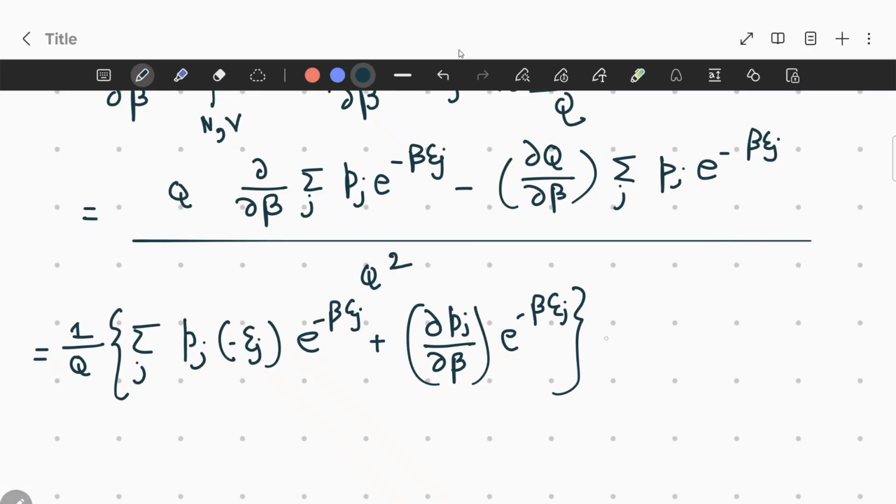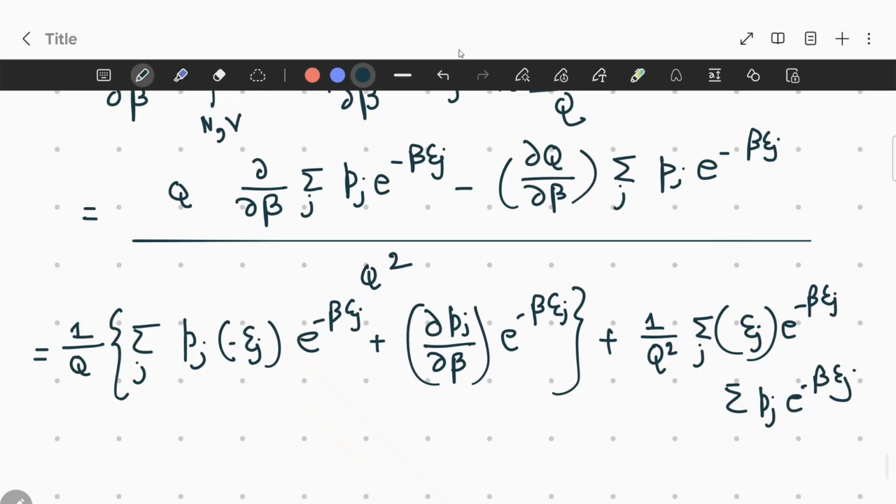Just you also do. And from the second term, it is 1 by Q square del Q del beta, which means sum over J del beta of e to the power minus beta Ej. So it is minus Ej e to the power minus beta Ej, the minus goes away.